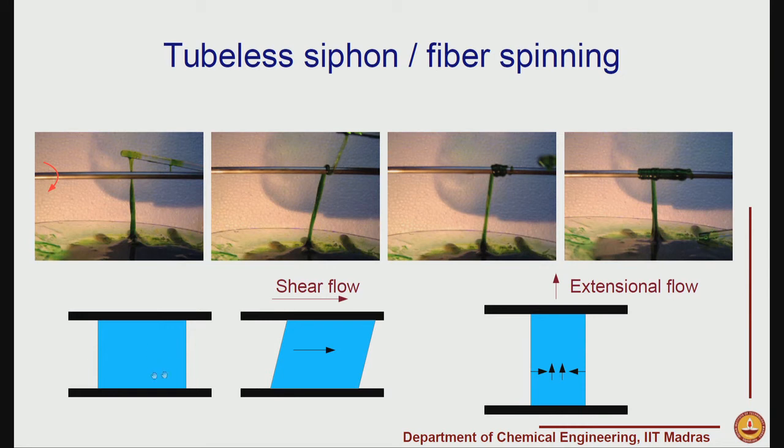In case of shear flow, fluid layers are moving horizontally, and therefore you have lamina or sheets of fluid experiencing shear against each other, flowing in the direction of the flow.